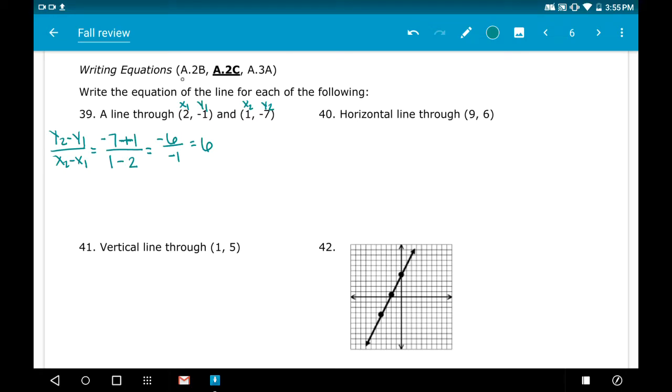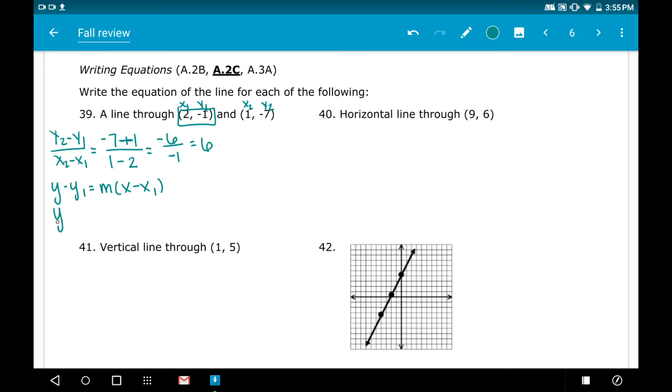Now to find our intercept, we're going to use one of these points to write it in point slope form. I'm going to pick this one right here. Remember, point slope form was y minus y1 equals m times x minus x1. So we just plug in this point and this slope.